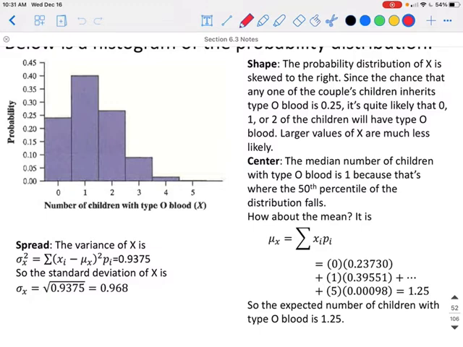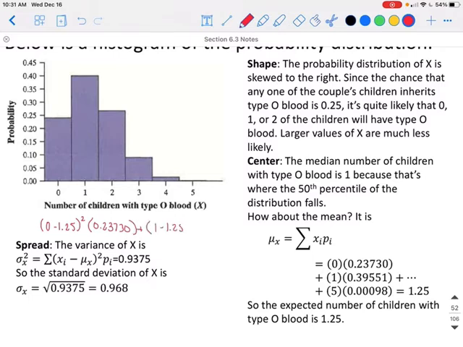To find the spread, you would first find the variance. And this is the same process we did earlier. So you're going to do your x value minus the mean, squared, and then multiply it by the probability. So for when x is 0, we're going to do 0 minus the mean squared times the probability of 0.